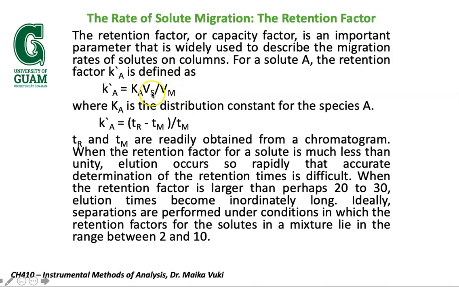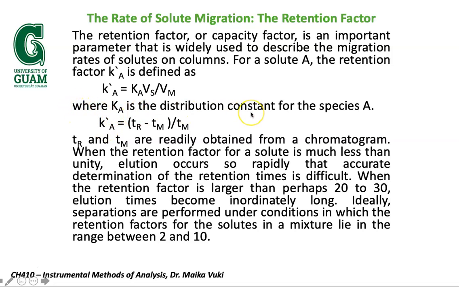This is the volume of the stationary phase over the volume of the mobile phase. These two volumes take into account the entire volume in the column, so that can be worked out fairly easily from the thickness of the stationary phase and also the diameter of the column.